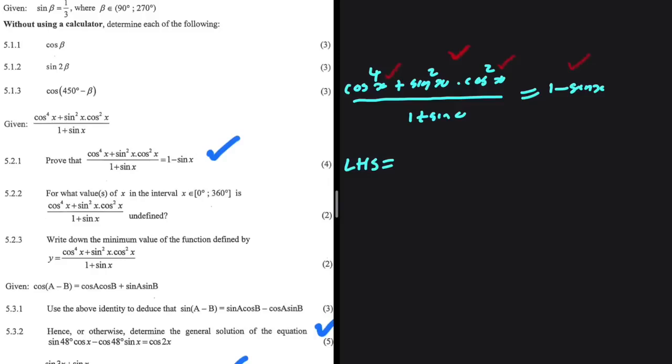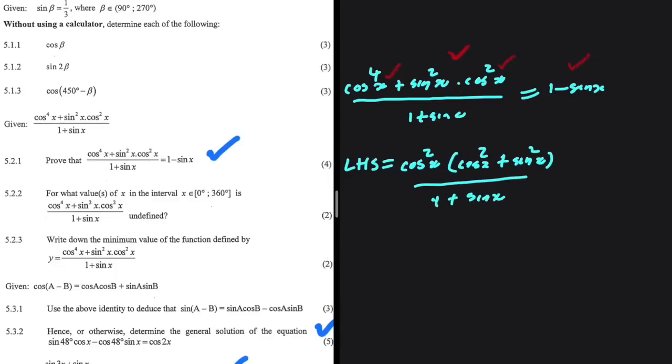If I do that, I'm going to have cos of x to the power 2, and then I'm going to be left with cos of x to the power 2, because cos of x to the power 2 multiplied by cos of x to the power 2 will give us cos of x to the power 4, and then plus sine x squared. We're dividing everything by 1 plus sine of x.